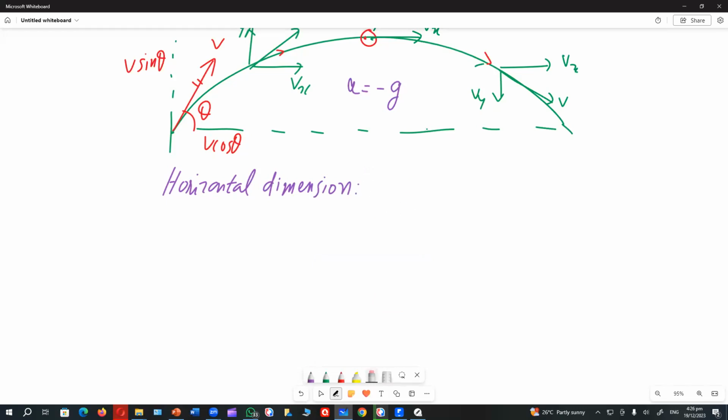For horizontal dimension, there is only one formula, dx is equal to vx into t, that is v cos theta into t.